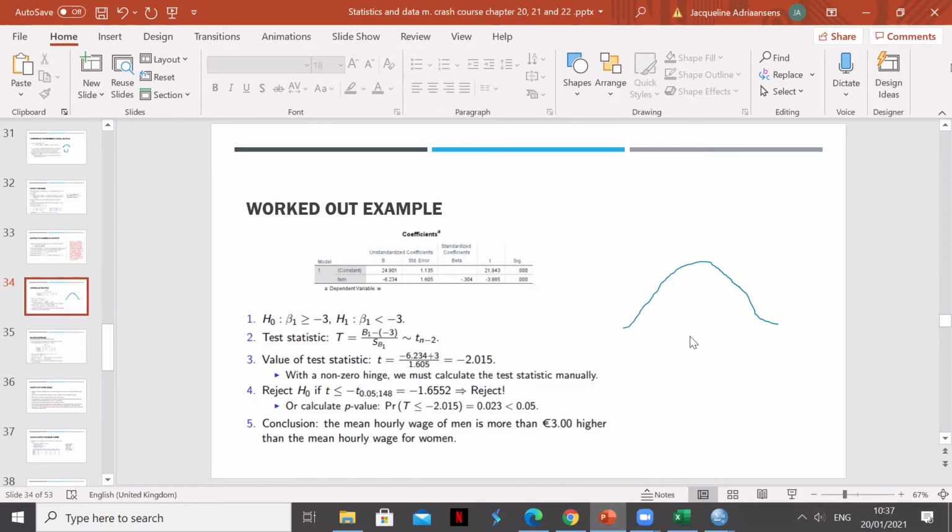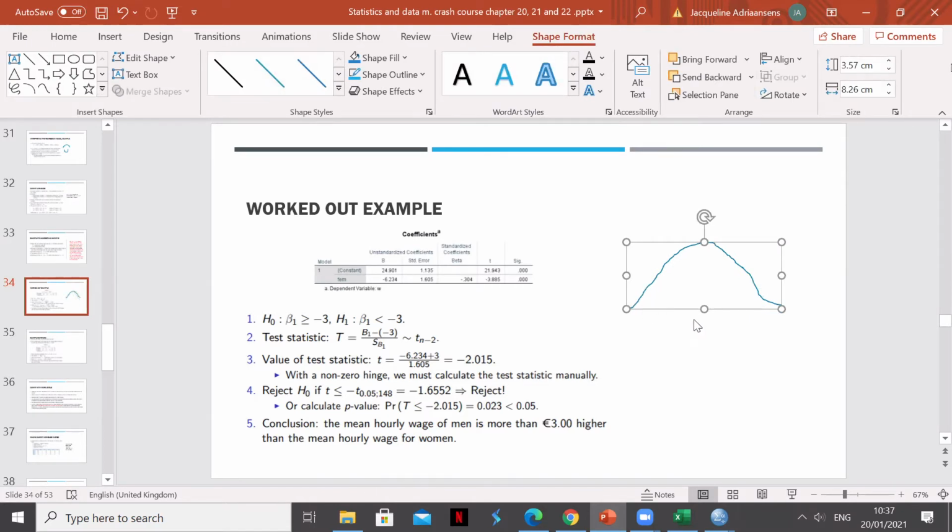And since it's always symmetrical, or it's not in my drawing, but should be, the point here, if I cut off 0.05 here, and that's at 1.65, I think, then here is 0.05 at minus 1.65. So you just take the reciprocal of it, and you put thus a minus in front of it. And that's what they did here as well. They put a minus in front of it.